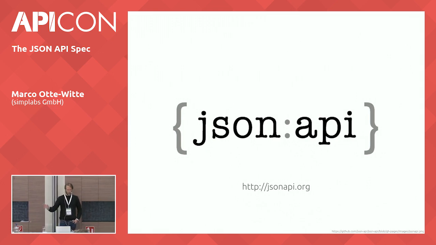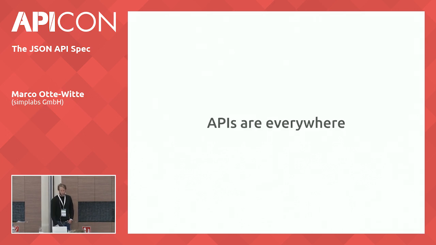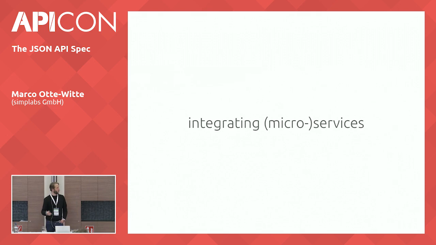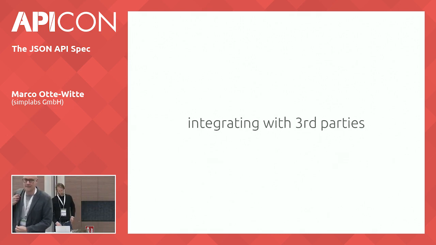First of all, I have a quick intro. I probably don't actually need that as we're at an API conference here, but still, maybe as a quick recap. So in 2017, APIs are everywhere, obviously. I guess many of you are integrating some sort of services, maybe a microservice architecture or whatever. You might be integrating with third parties, which are the classic use cases for APIs, of course.